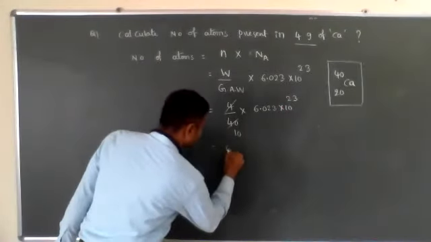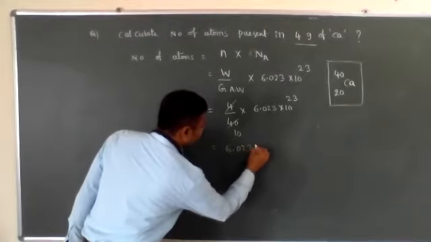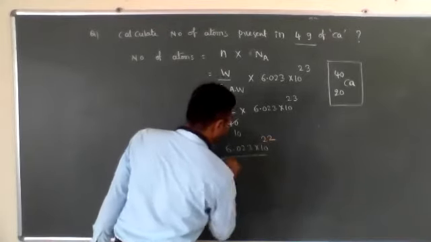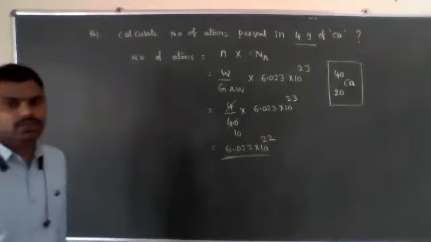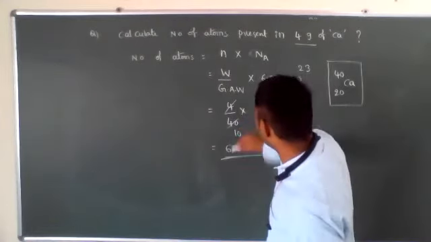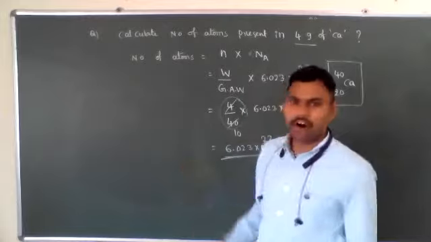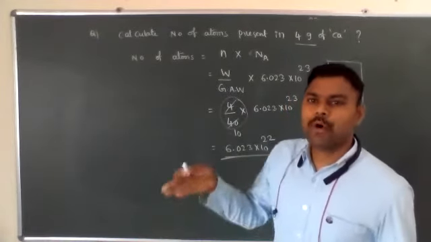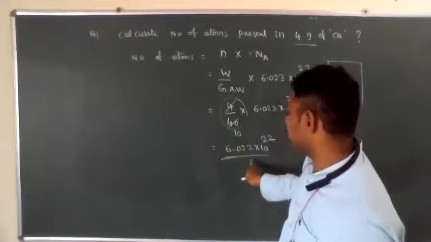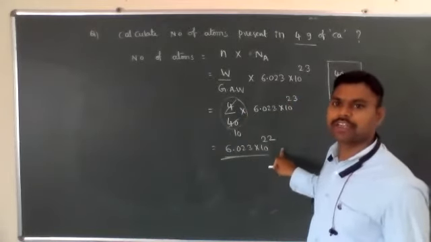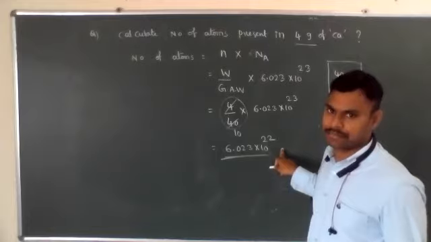It is approximately 6.023 into 10 to the power of 22. Means how many moles of calcium are present? 4 by 40 moles is nothing but 0.1 mole. 0.1 mole of calcium contains how many calcium atoms? 6.023 into 10 to the power of 22 calcium atoms are present.